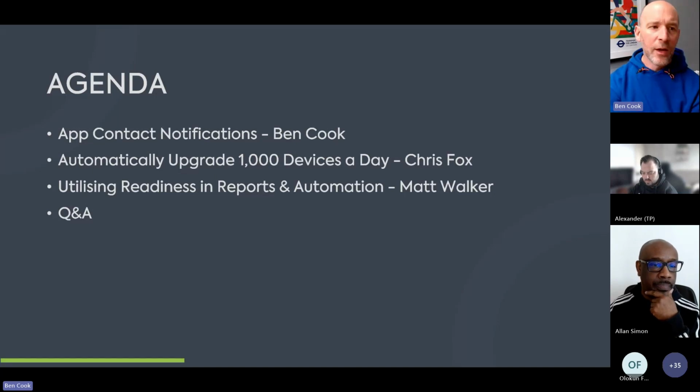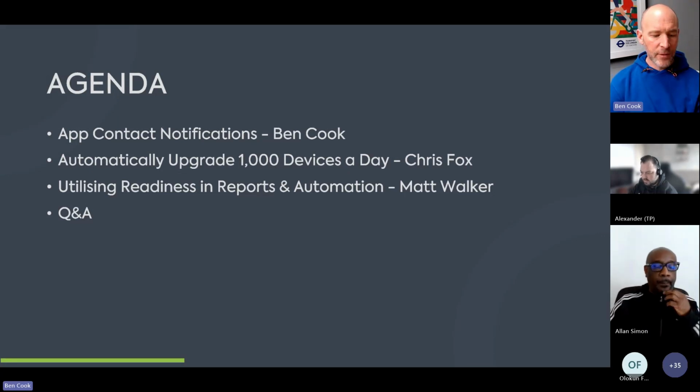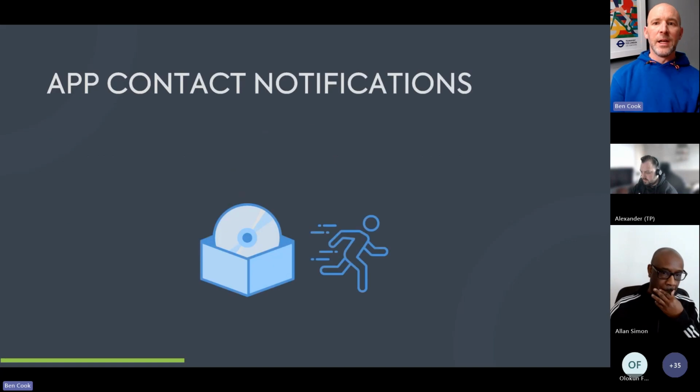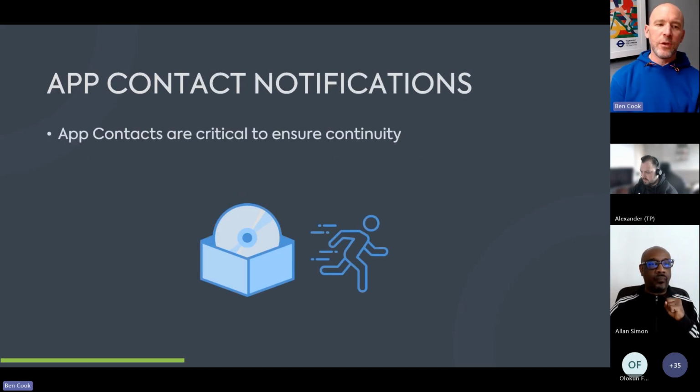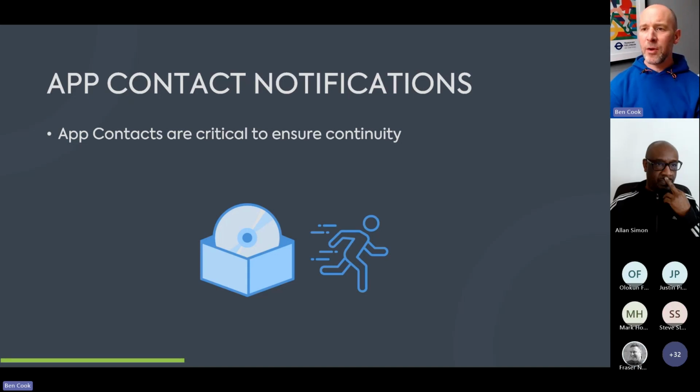My name's Ben Cook. We've started the tech forum and I'm about to demonstrate the app contact notifications. This is a new feature. What's this all about? We've had a few customers talk to us about how they love using ManagementStudio to manage their applications. And one of the things they do is add a contact to each of their applications, or multiple contacts, so that they can manage who is the app owner, who is the tester, and so on for that app.